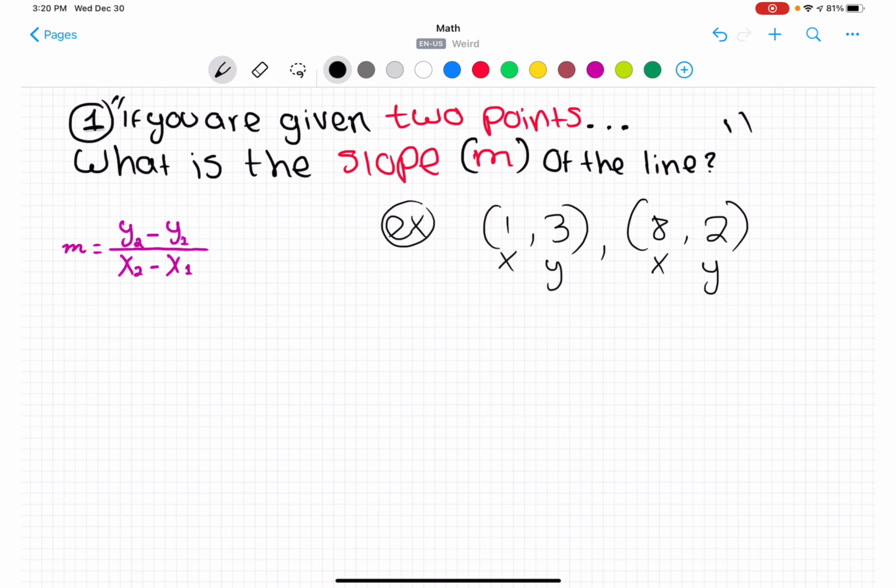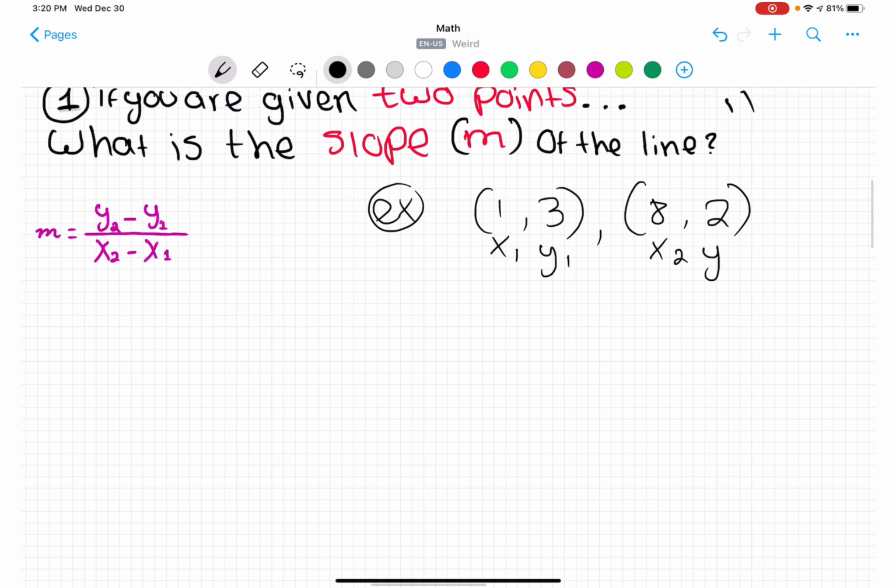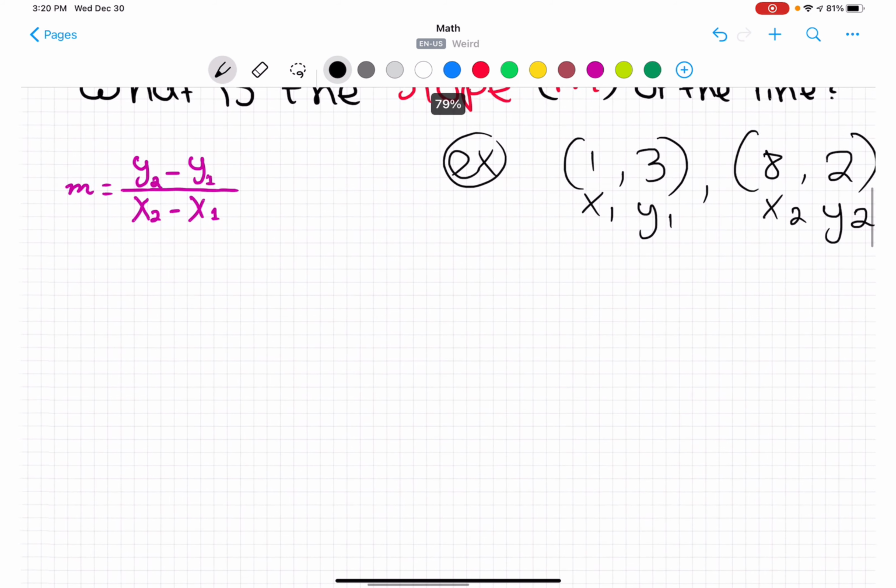So this is going to be my x1 and my y1, and this is going to be my x2 and my y2. If you want this one to be x2 and this one to be y2, that can also happen. So let's work on it.